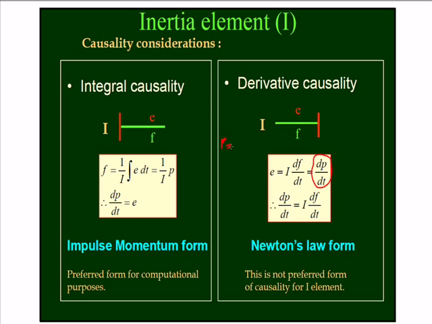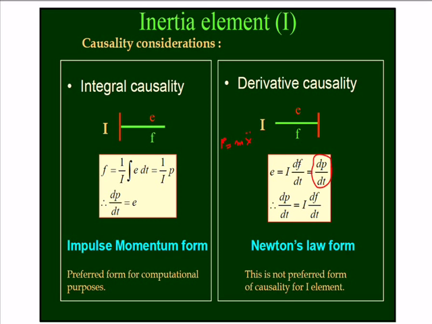F is equal to mass times the derivative, which would be x, and we have two dots here. This kind of equation is what you see here, because think about it, E is the force, right? I is the mass, and F is the flow, which is the velocity, so dV/dt is x double dot.